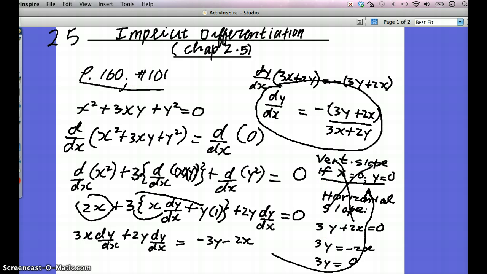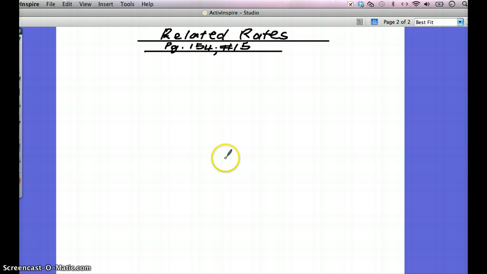Let's take a look at related rates. On page 154, I gave you number 15, and here it is, page 154, number 15.